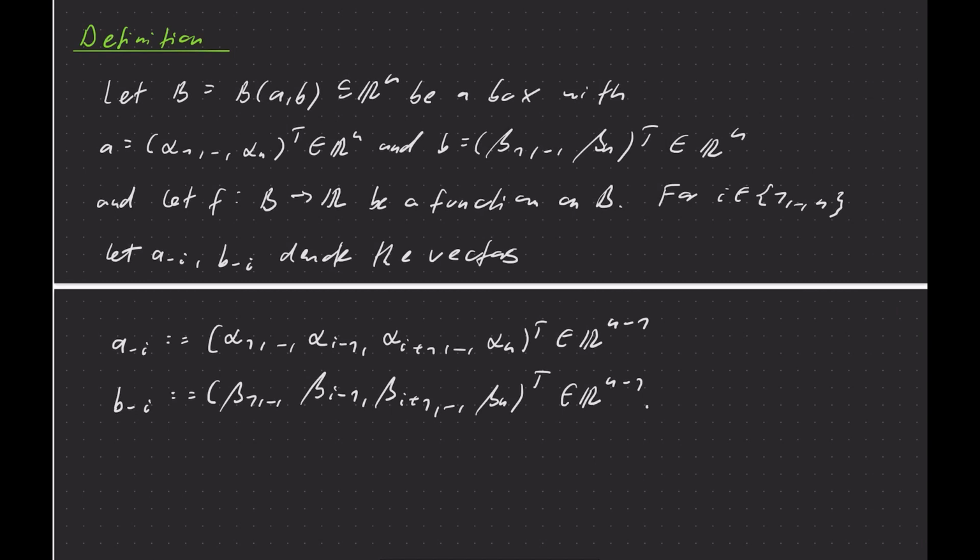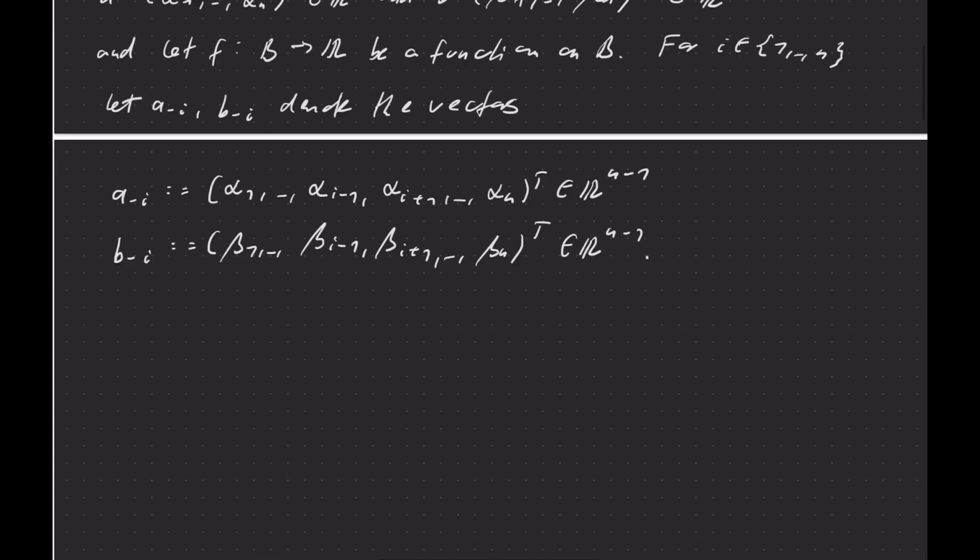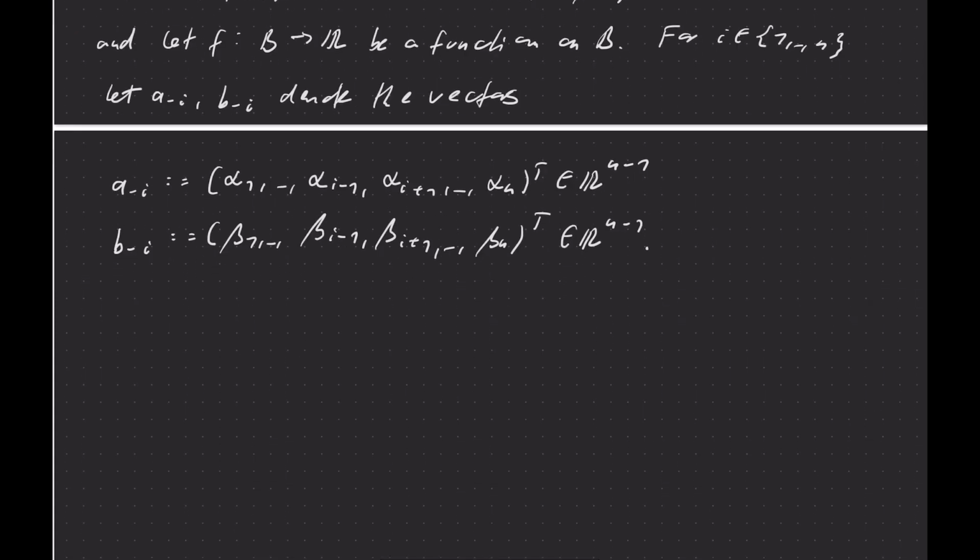Okay, and with this notation we can then define a function that we call the parameter integral. Basically what we want to do is integrate with respect to this xi, the ith variable, and that's what we call this parameter integral here.